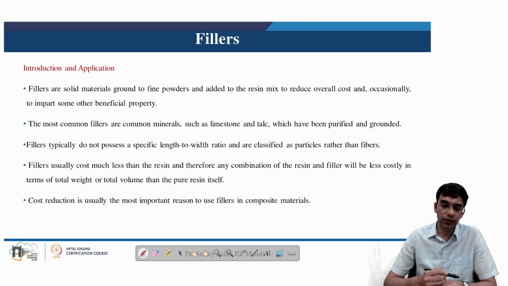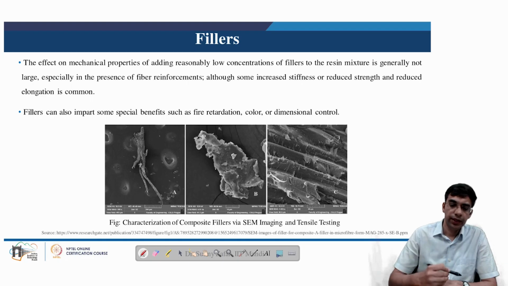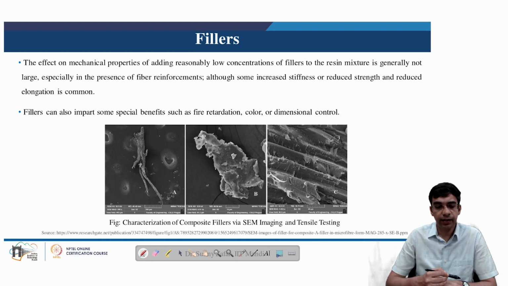Cost reduction is one of the important reasons to utilize fillers in composite materials, but for high strength applications the use of fillers is seldom. Here we can see that by adding fillers in lower concentrations, the mechanical properties are not disturbed, especially in the presence of fiber reinforcement, although some increased stiffness or reduced strength or elongation may be observed.